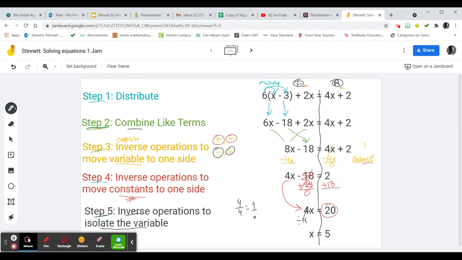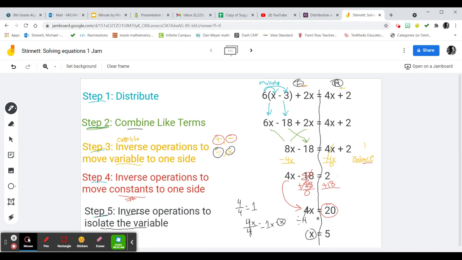So if I have 4x divided by 4, and these cancel, what that would equal is 1x. So how many x's do I have? Just one, just 1x, okay? So we don't write the 1 anymore, so it would just be x all by itself right here, all right?